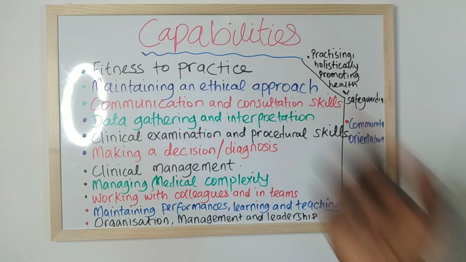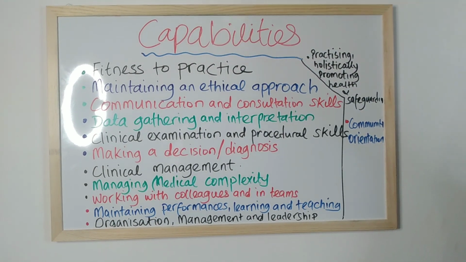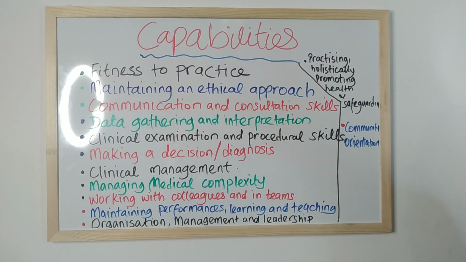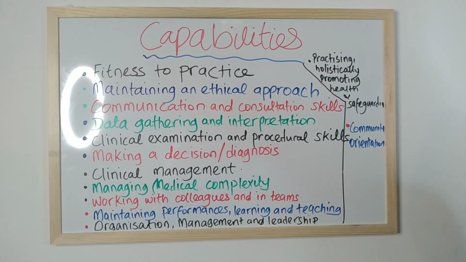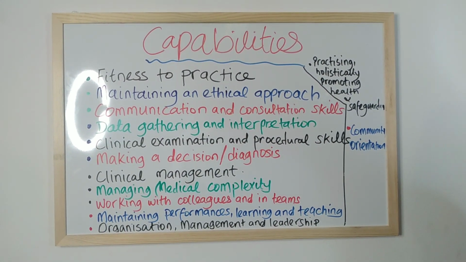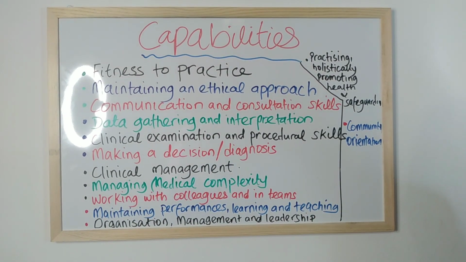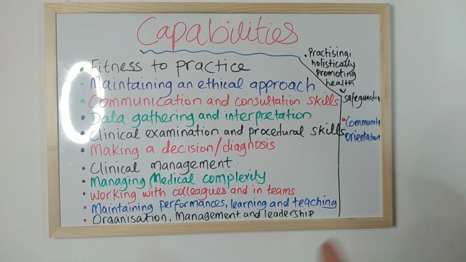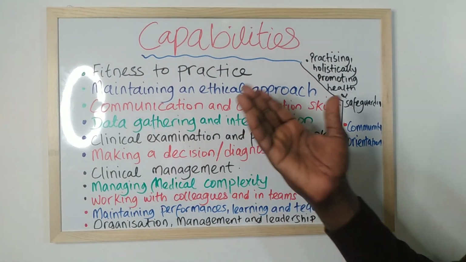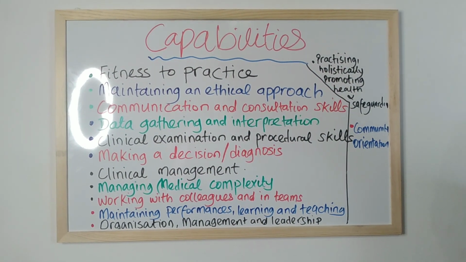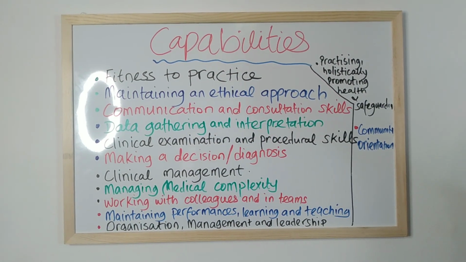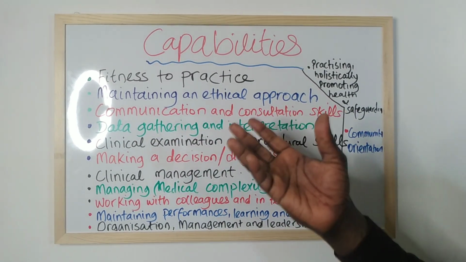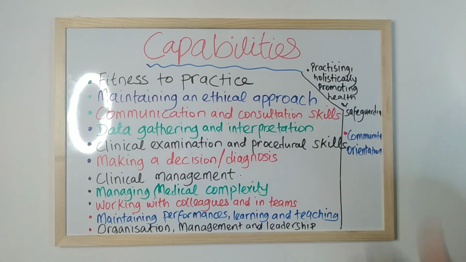The other one is maintaining an ethical approach. The word ethical just means doing the right thing, following all the rules and regulations by the GMC. So if you want, for example, to examine a patient that needs a chaperone and you provide a chaperone for them, that is somewhere you could put it in. If you are consulting with very vulnerable groups, that is one of the places you could put it as well.